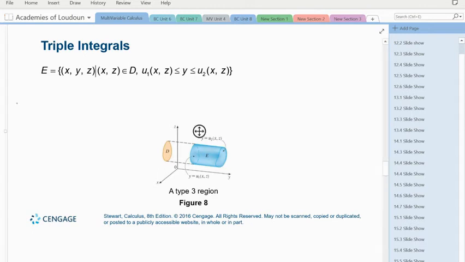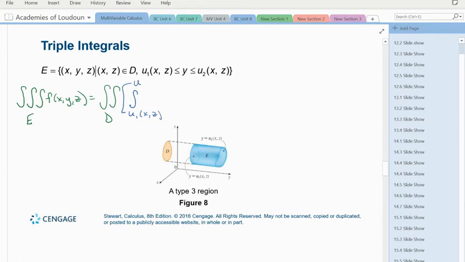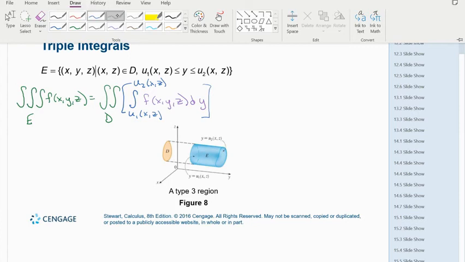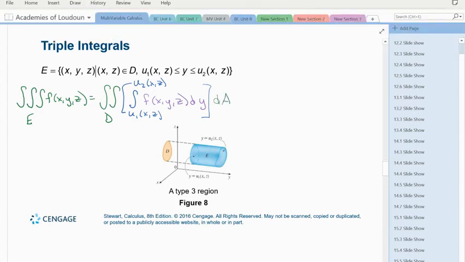And then we have our triple integral defined as follows: the double integral over our region D of the integral from u sub 1 of x,z to u sub 2 of x,z of our function f of x, y, z, integrate with respect to y first, and then dA.